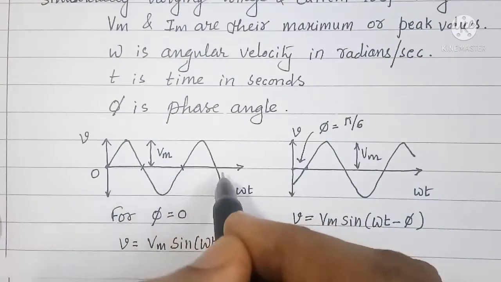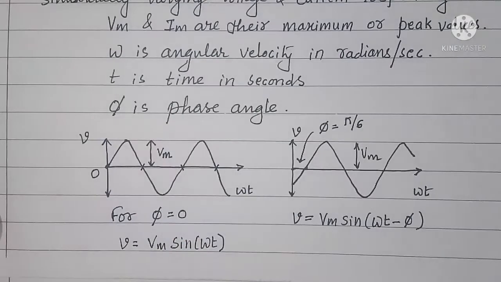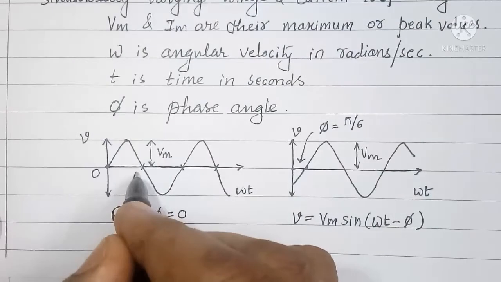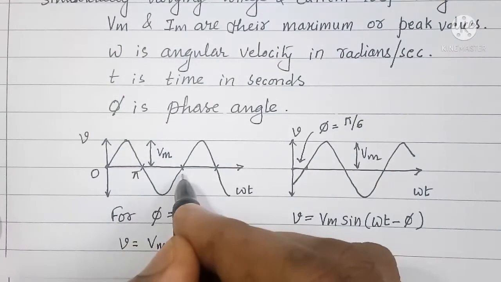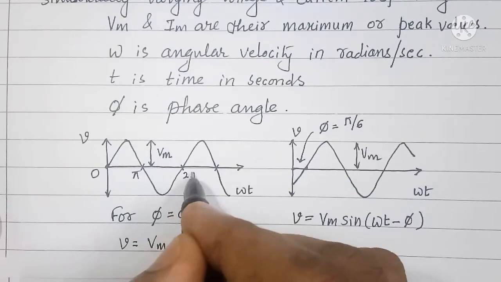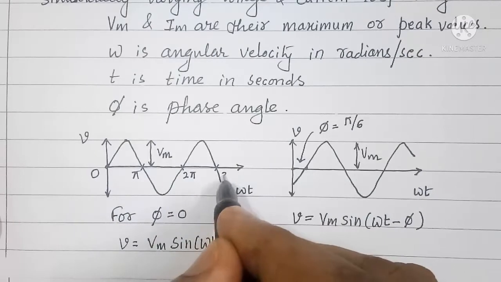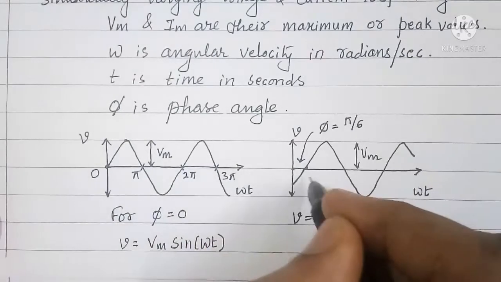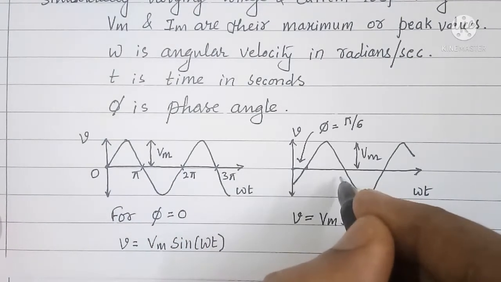You have studied in your lower standards that after every pi radians, voltage or current waveform changes its direction. So we will write here pi, 2 pi, 3 pi and so on.